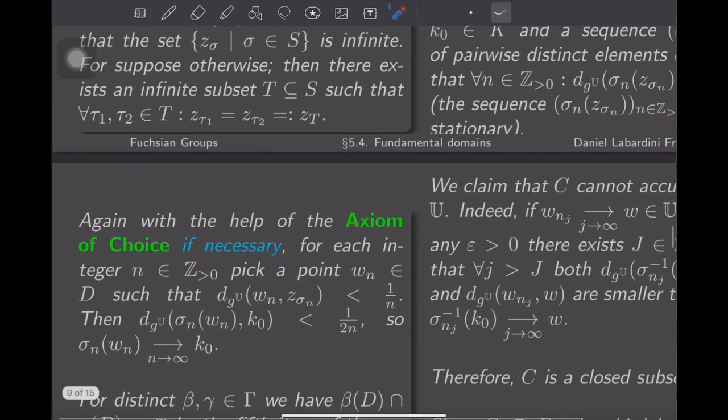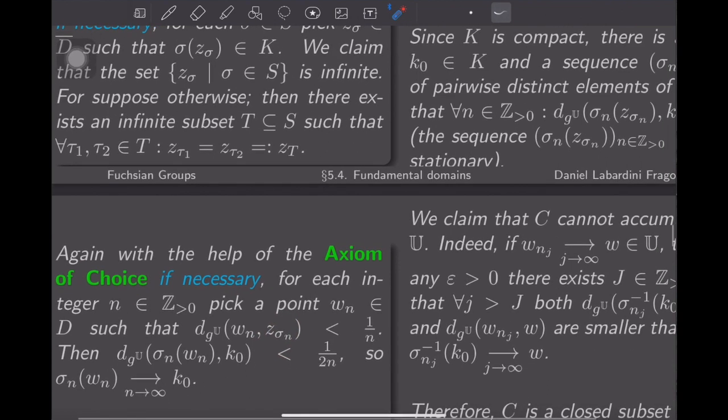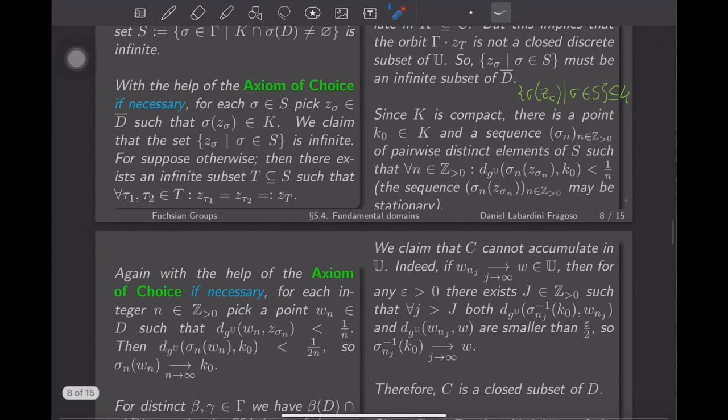For each n, I look at Z sigma n from this sequence, and I approximate it with something in D, with the corresponding index, that is good enough for the corresponding n.